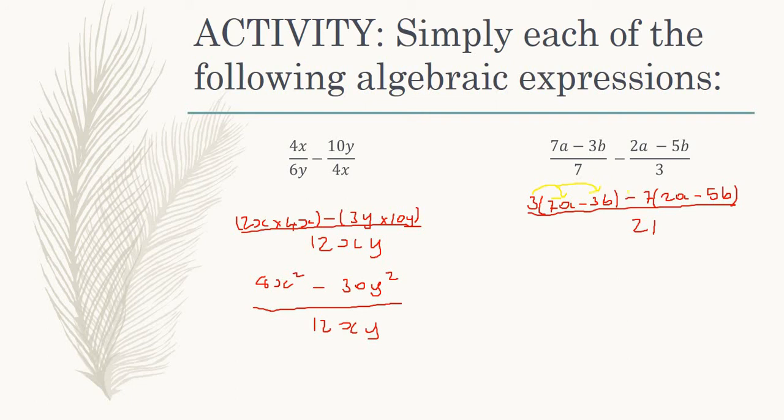Now we have to acknowledge that there's a minus sign here, so we have to treat the 7 as a negative 7. So we are taking negative 7 to multiply the first term, which is 2a, and we're also taking negative 7 to multiply the second term, which is negative 5b.